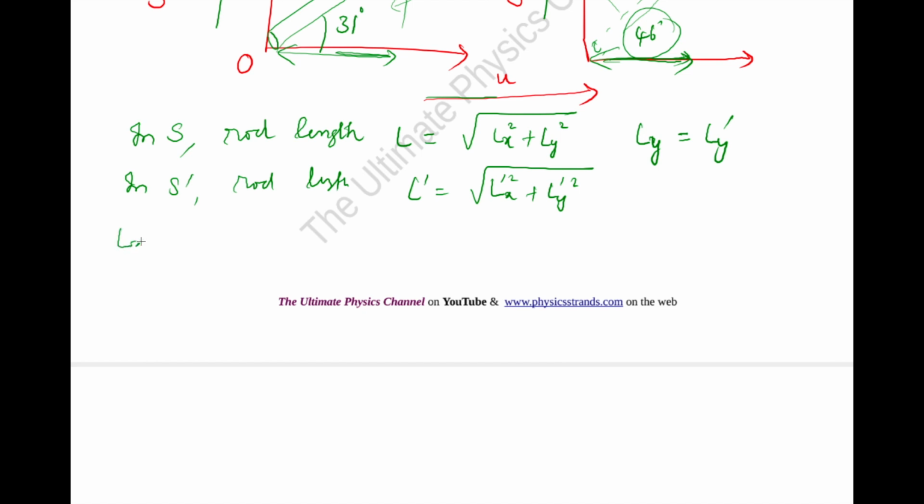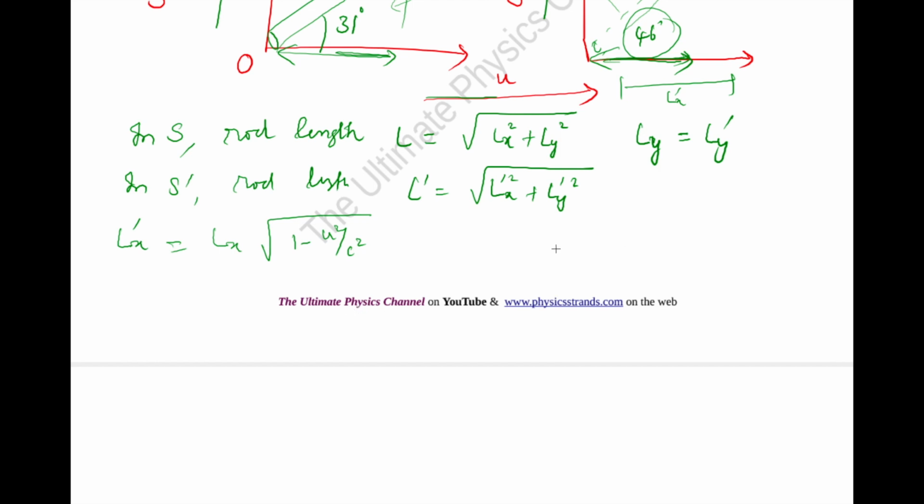For the x direction, this length is contracted. Lx prime is a contraction of the original length Lx by the Lorentz factor, that is, square root of 1 minus u squared over c squared, isn't it? Right? This is the length contraction expression we are using.